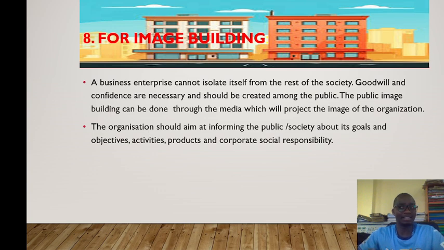So an enterprise or a business organization needs to create a certain public image to the society or to the public. That is by communicating their goals, their objectives, the activities they are carrying out in that organization. If it is a business that is producing products, they need to communicate these products to the public and the society, and also as a corporate social responsibility.